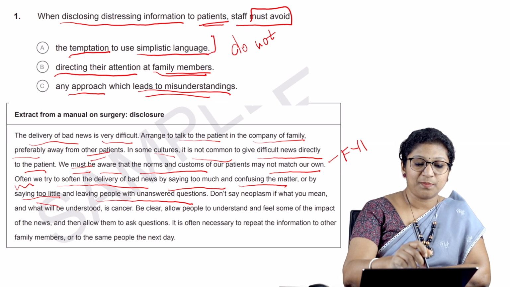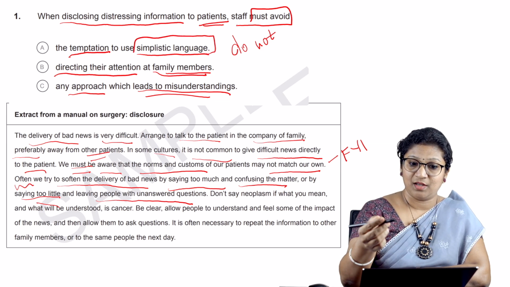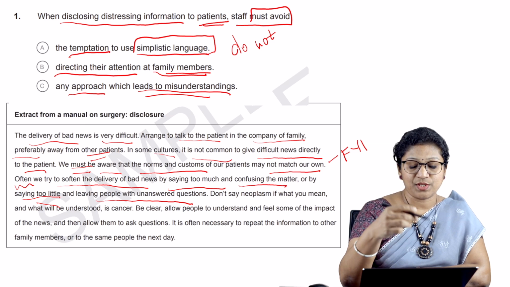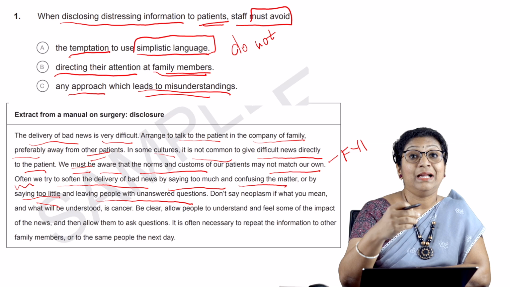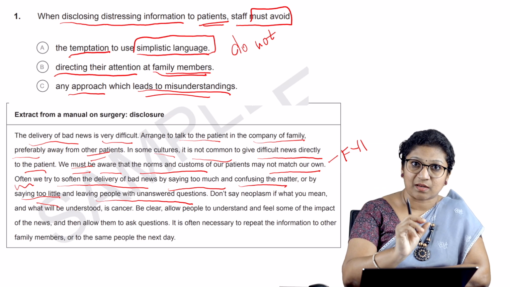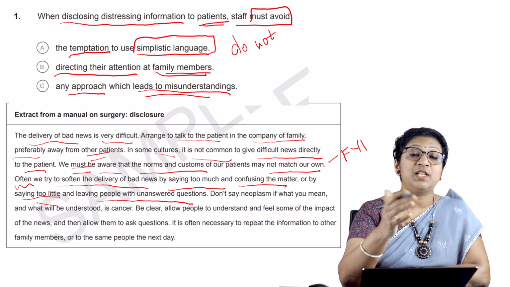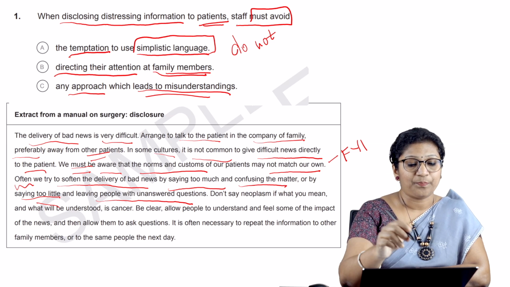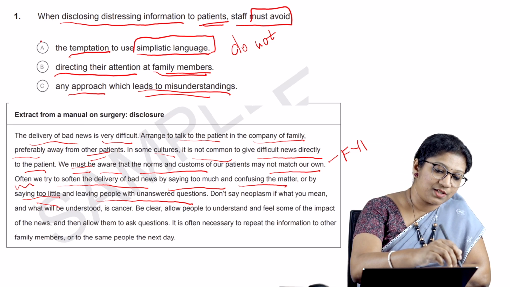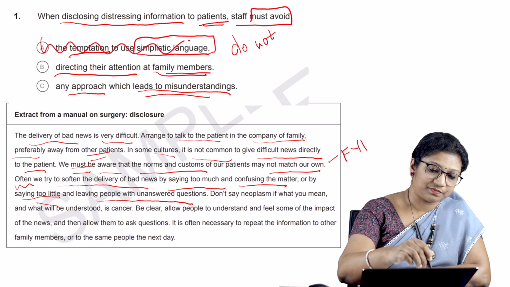So it's not simple, we make it confusing. Even though we say very little, it does not anywhere convey the language we use. We say little, but it's not clearly mentioned whether the language is simple or complex. So we can eliminate option A.